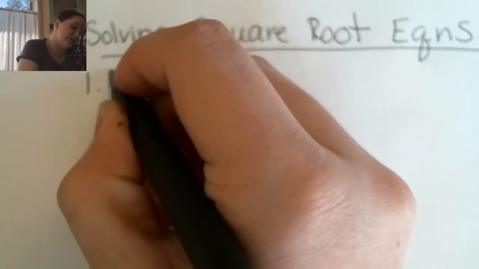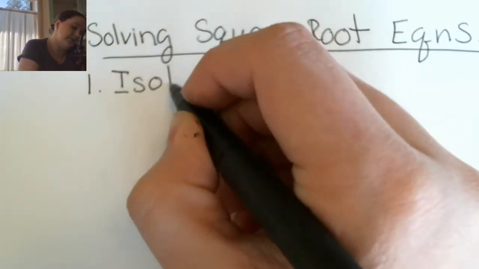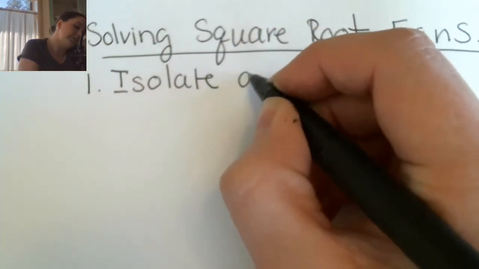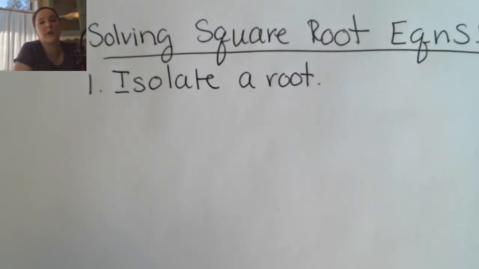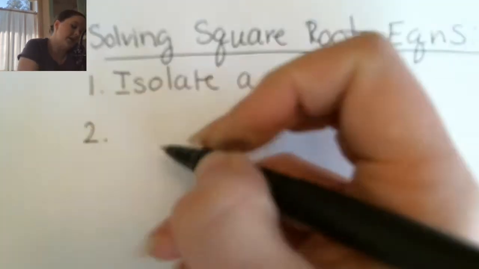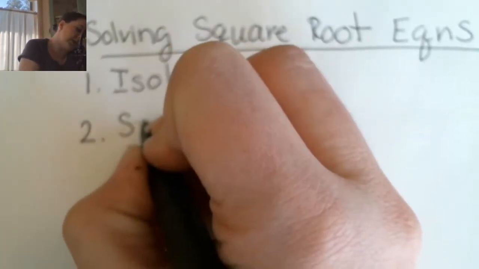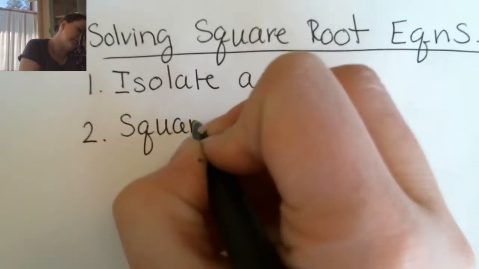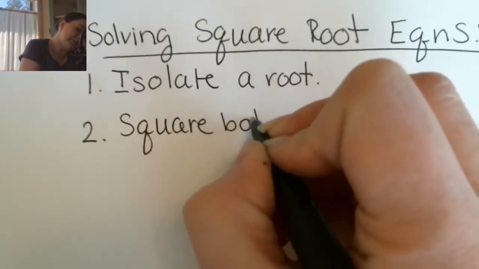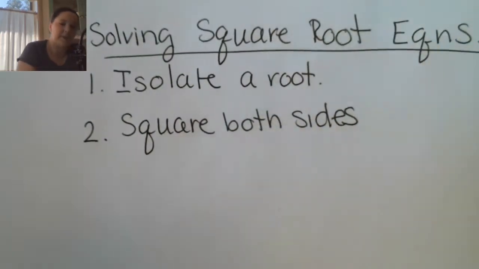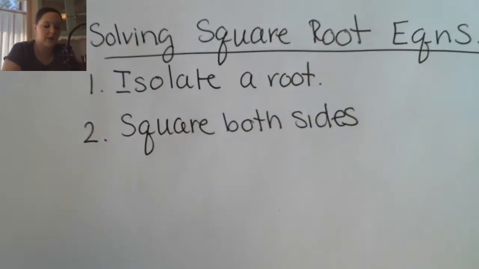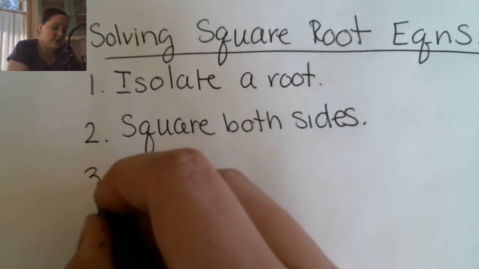The first thing you're going to do is isolate a root. If there's more than one, you pick one of them to isolate. Then you're going to get rid of the square root by squaring both sides. Once you've squared both sides of the equation, you're going to check if there are any square roots left.